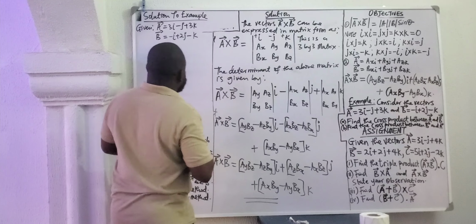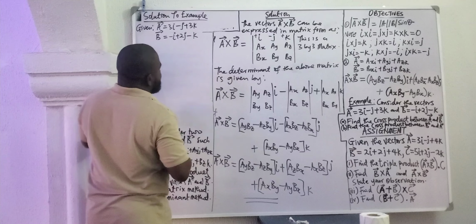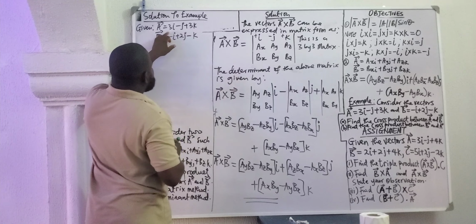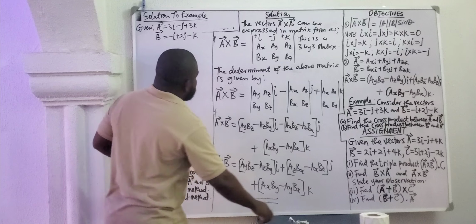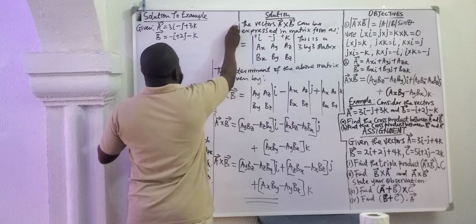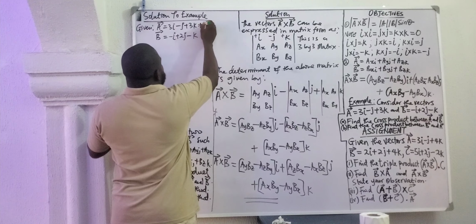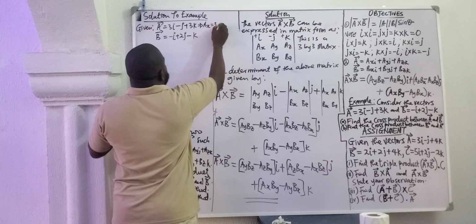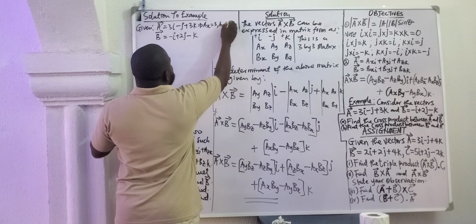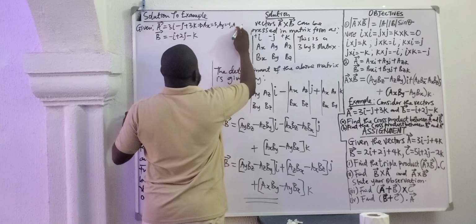Good. So once we compare this with the general equation, as you know, it means AX is 3, AY is minus 1, and AZ is 3.